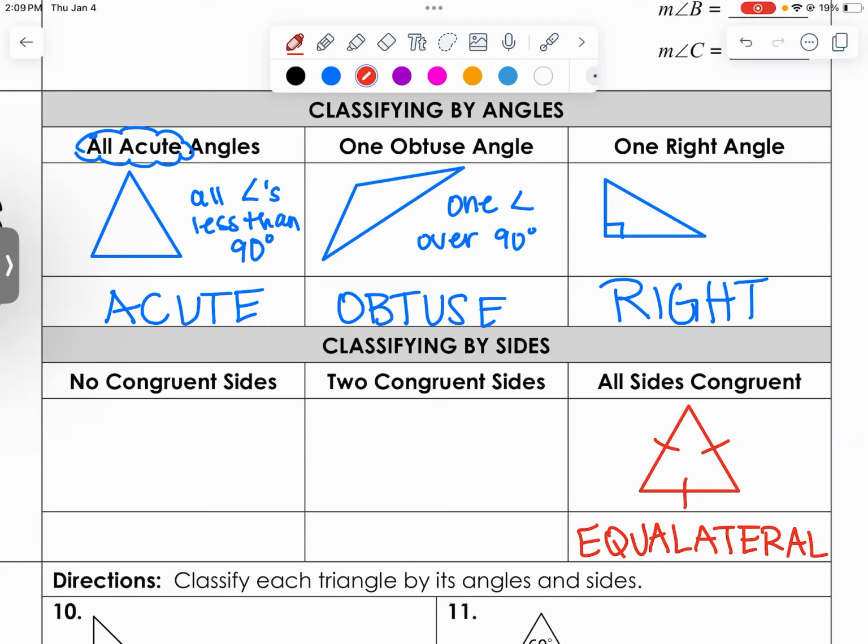Okay. Now the middle one says two congruent sides. So two sides are the same and one side is not. That's called isosceles. Hold on, but I can't spell it.